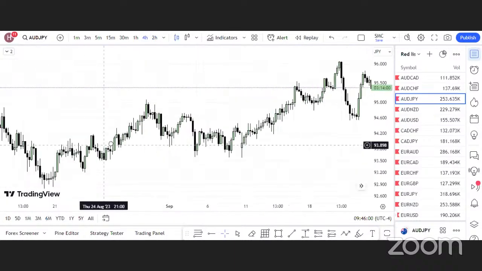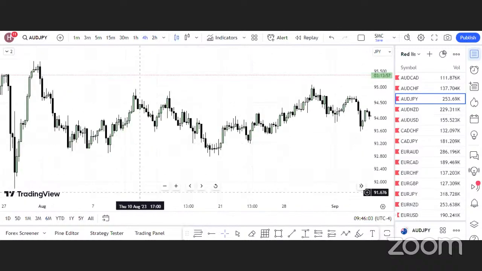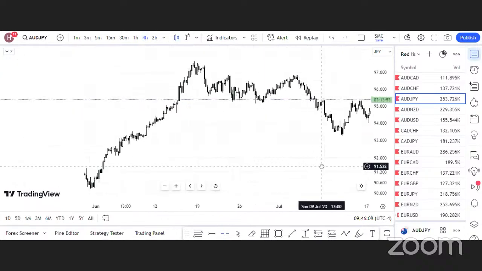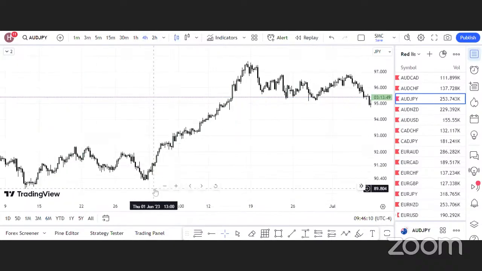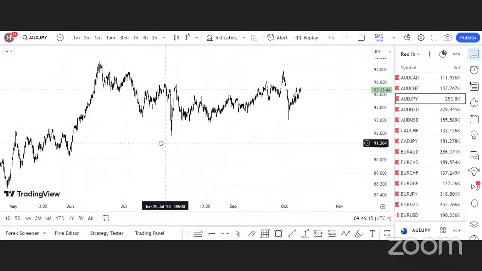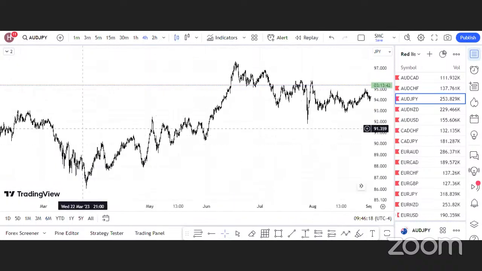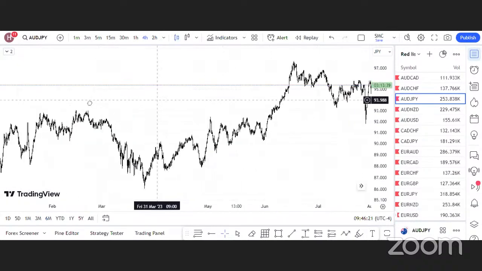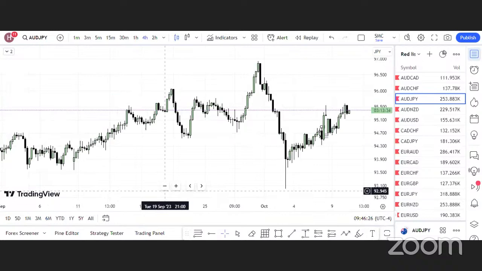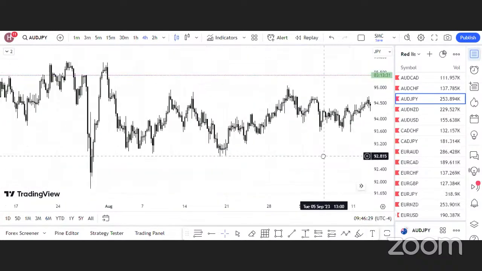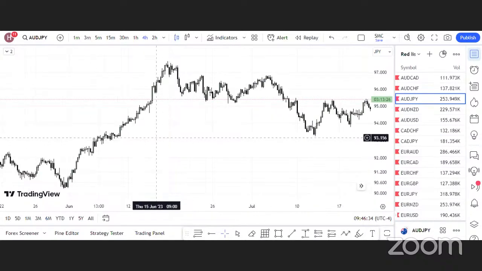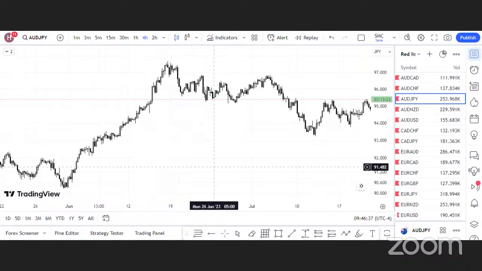Right. So the market had previously been on an uptrend, and something happened here.